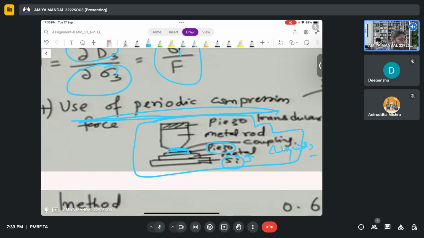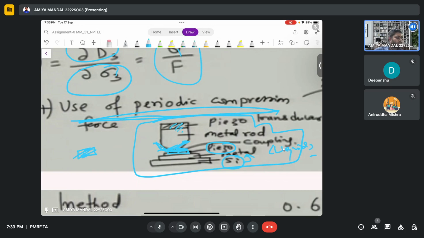There's a metal rod, and the surface should always be touched at the piezoelectric material, and a piezo metal rod is also there.